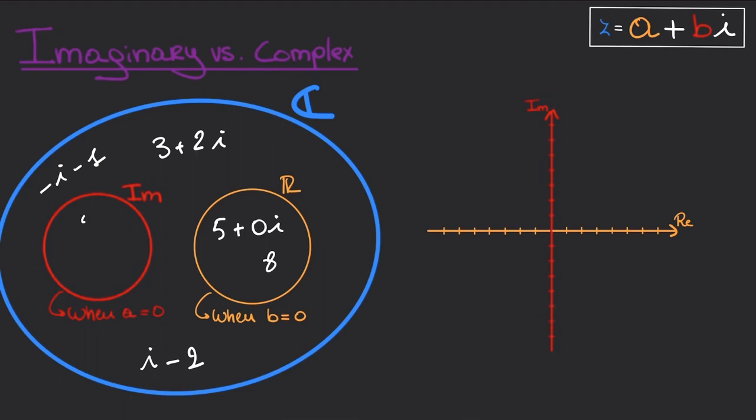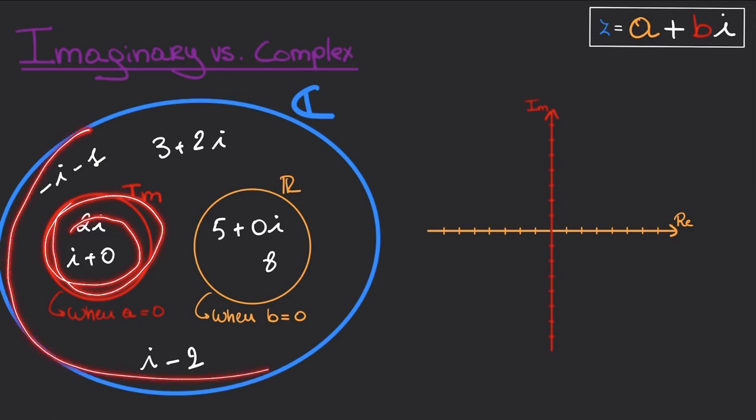For example, 2i, i, or 0 plus i, and so on. Again, most of the time we are not going to write the plus 0 and just let i. Of course, all the imaginary numbers that are here are also complex numbers. But for this type of numbers, we can go further and say that they are purely imaginary.